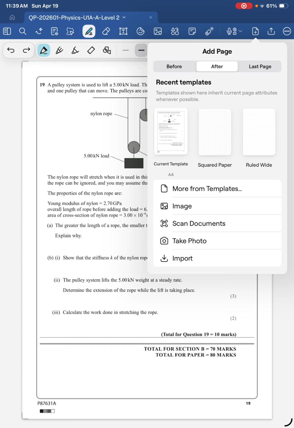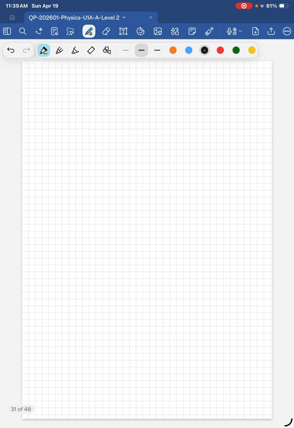Okay, let's move to the back of the paper. So for part A, the stress is equal to the strain times the Young's modulus. Now the stress is force per cross-sectional area, and the strain is extension over the original length.